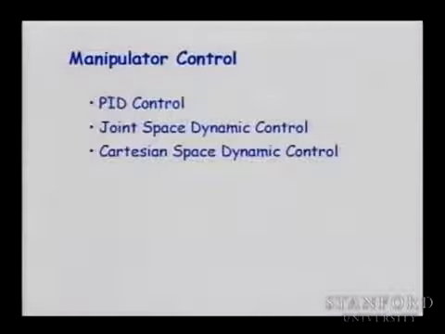In control, I'm going to assume little background in control, so we will go over just a single mass spring system and analyze it, and then we will examine controllers such as PD controllers or PID controllers, proportional derivative or proportional integral derivative, and then we apply these in joint space and in task space by augmenting the controllers with the dynamic structure so that we account for the dynamics when we are controlling the robot.